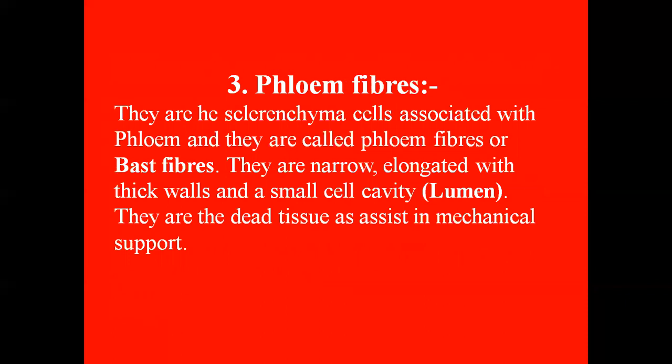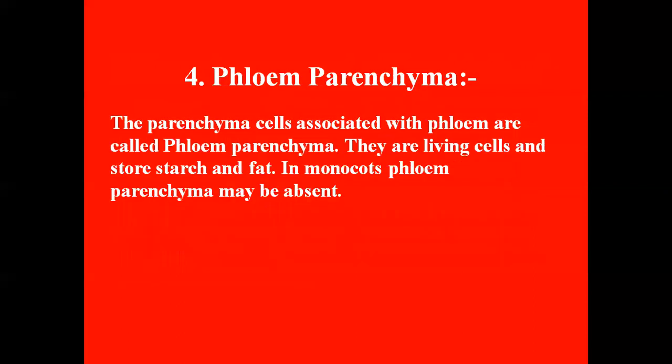They are the dead tissue and they assist in mechanical support. Phloem parenchyma. The parenchyma cells associated with phloem are called phloem parenchyma. They are living cells and store starch and fat. In monocots, phloem parenchyma may be absent.